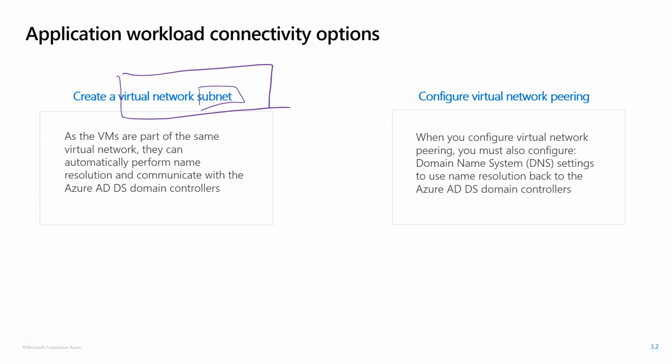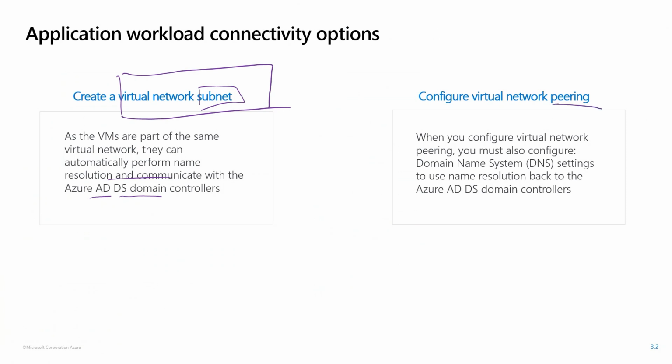And as VMs are a part of the same virtual network, they can automatically perform name resolution and communicate with Azure AD, Azure Active Directory, domain services, domain controllers for name resolution. We can also configure Azure Virtual Network Peering for managed domains virtual network. So mapping connections from one virtual network to a separate virtual network using what's called a peering.